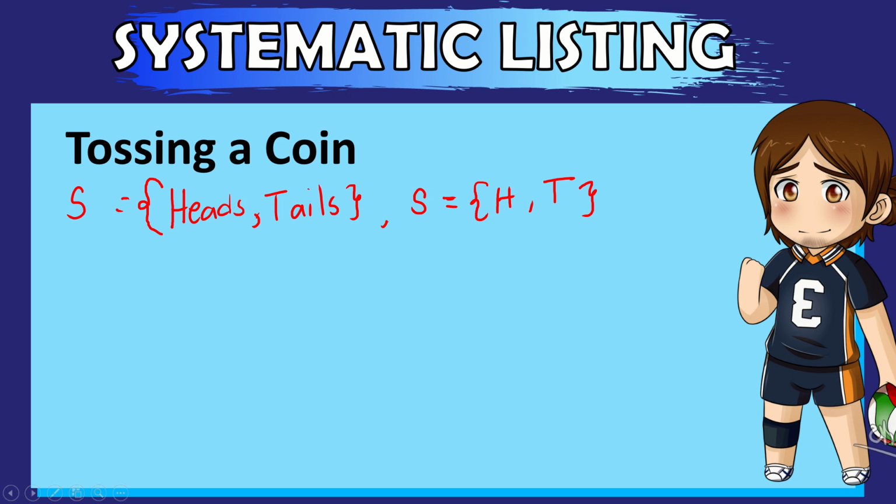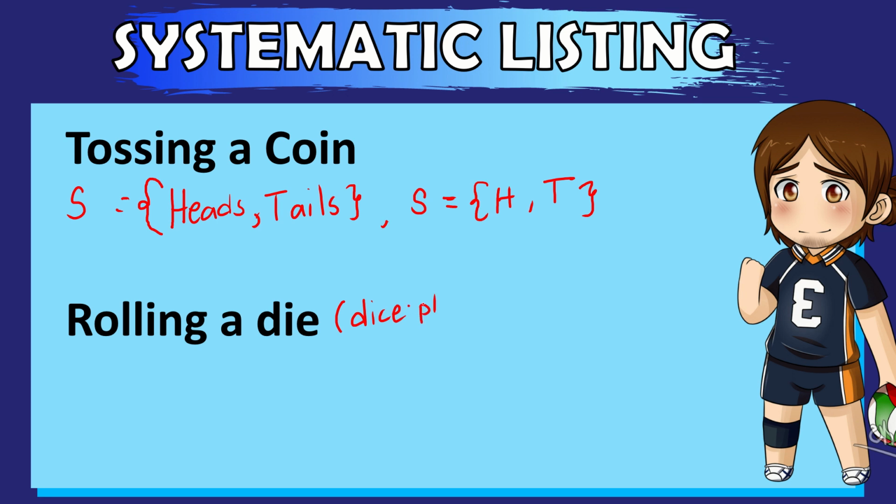Okay? Next, we have rolling a die. Die po, that is the singular form ng dice. Dice po kapag plural. Okay? The plural form ng die ay dice. Okay po? So, when you roll a die, ano lang ba yung mga possible outcomes nyo in rolling a die?